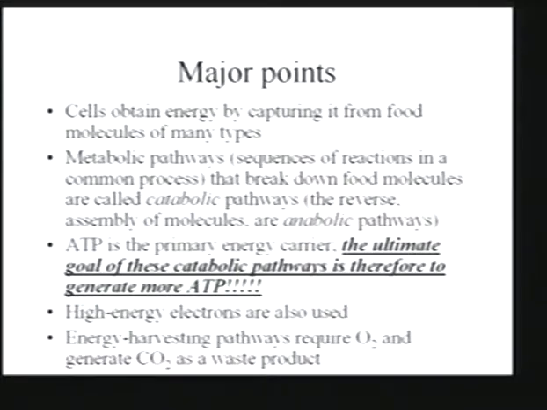These energy harvesting pathways require oxygen, and they produce carbon dioxide as a byproduct, which will help explain why we have to breathe in oxygen and why we breathe out carbon dioxide. It's because of all of these catabolic pathways going on in the mitochondria in all of our cells. That's where the CO2 is coming from.